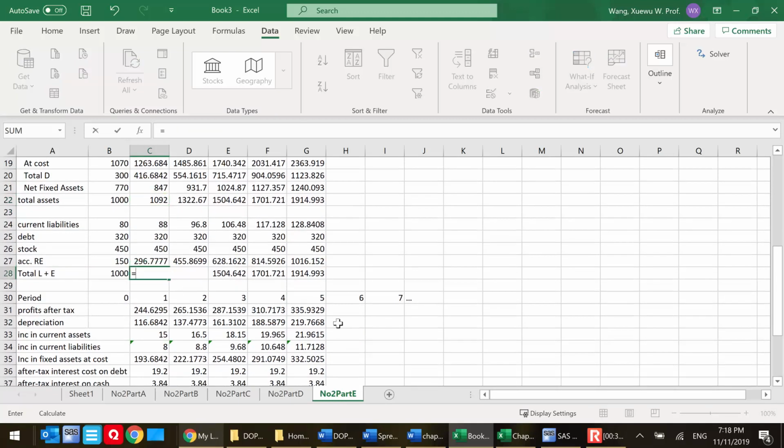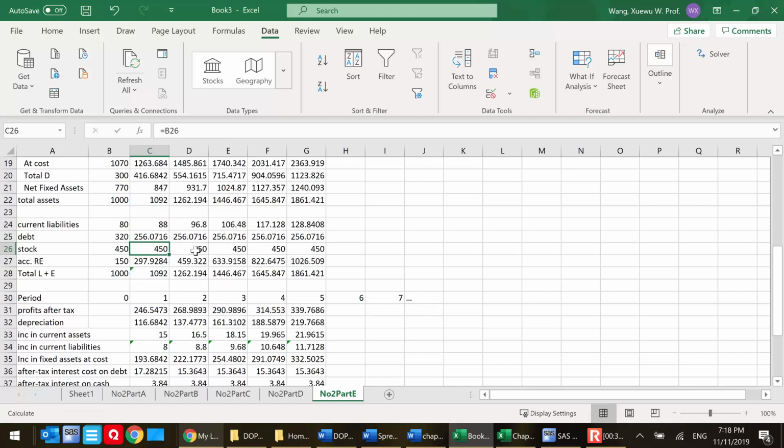And now I'm going to manually balance the balance sheet. Now I actually need to look at debt as the plug. So debt is the plug, so I'm going to back out the debt from the total liabilities plus equity minus current liabilities minus equity minus total accumulated retained earnings.